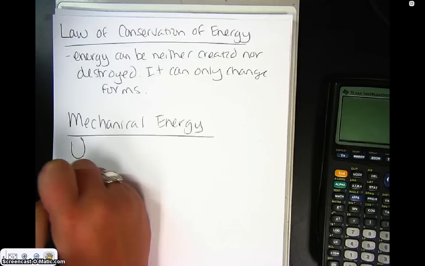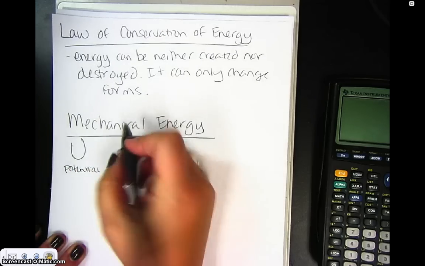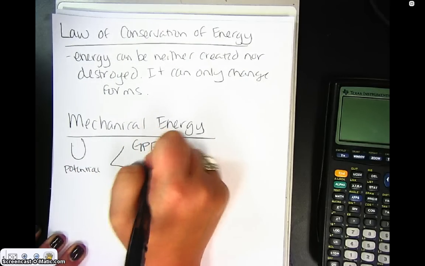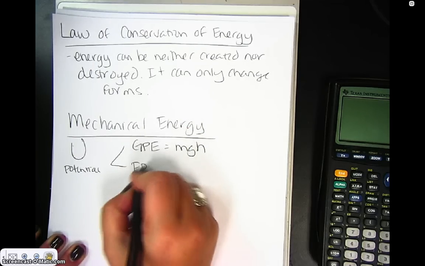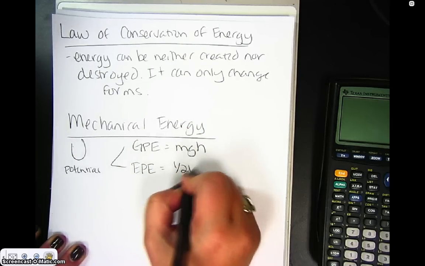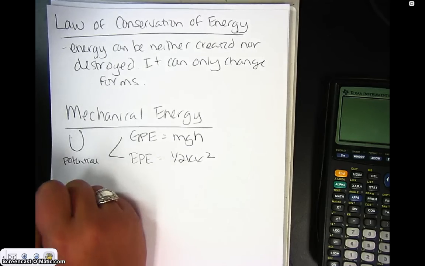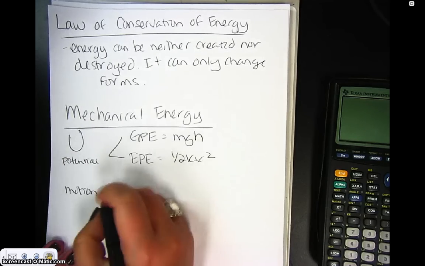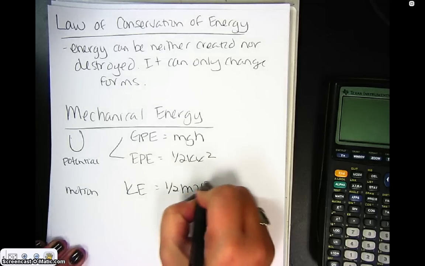So we have U, our potential energies, and remember that we have two of them that we've talked about. Your gravitational potential energy, which is mgh, and your elastic potential energy, which is 1/2 kx squared. Then we also have the energy of motion, which is kinetic energy, 1/2 mv squared.